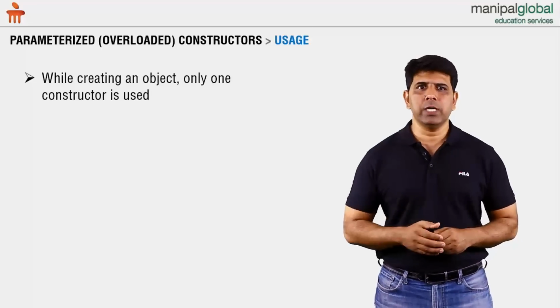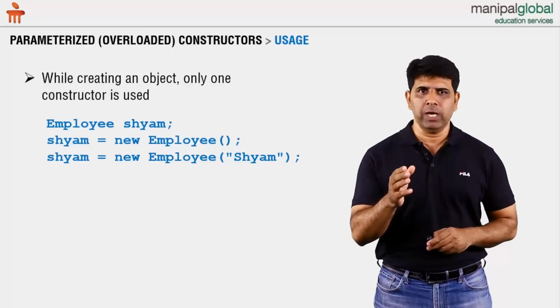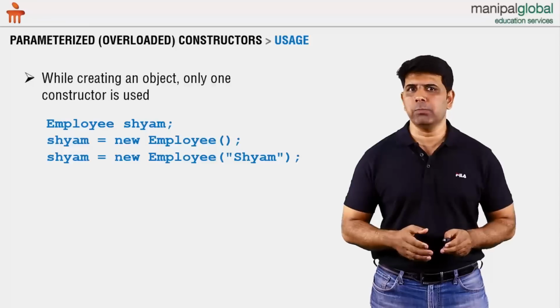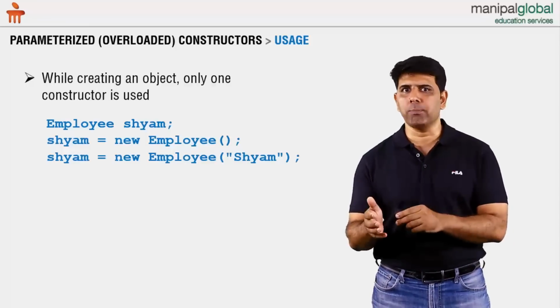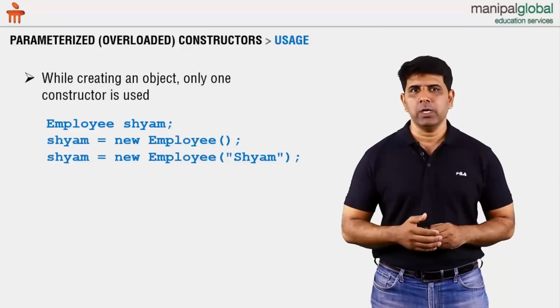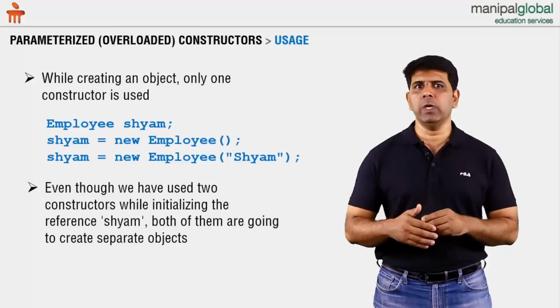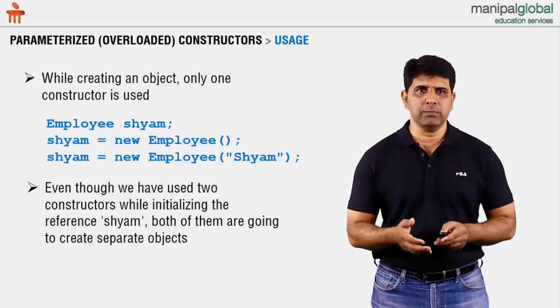Some usage: while creating an object, only one constructor is used. Here is an example. We have a class Employee and a variable Shyam. We initialize one time by using new Employee and another time by saying new Employee of Shyam. You may be thinking that we are able to call it twice, but you can call it n number of times. It doesn't matter.